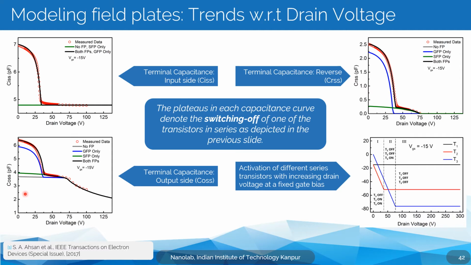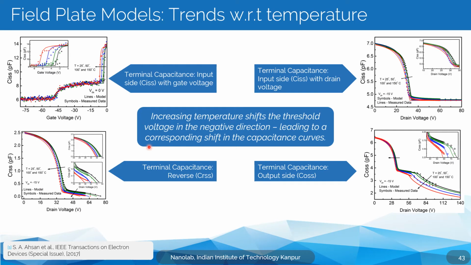Again, in this we see that the hump formed by the GFP terminates at the voltage where T2 switches off, and the hump caused by the source field plate terminates at the voltage where T3 turns off.